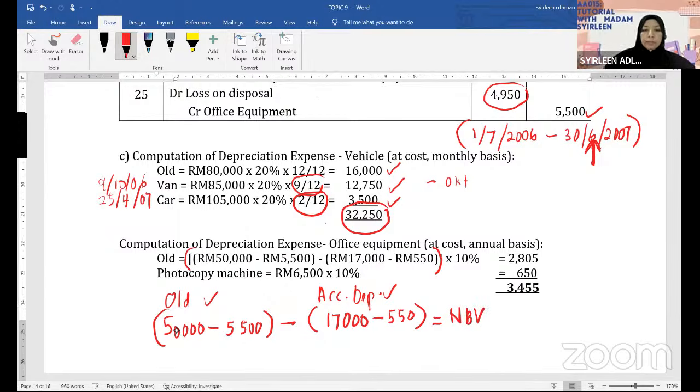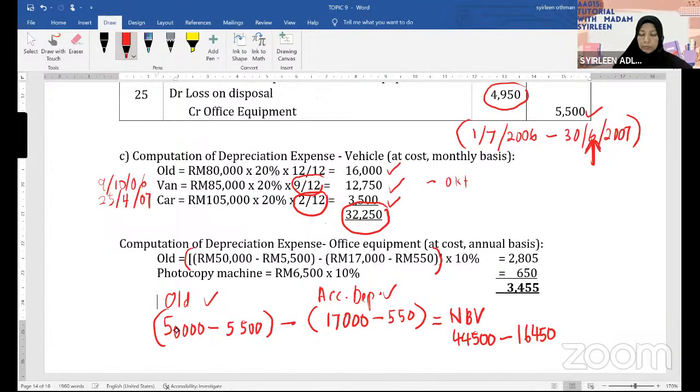So the net book value is actually 50,000 minus 5,500. So it's 44,500 minus 17,000 minus 550 tadi kan? So 16,450.